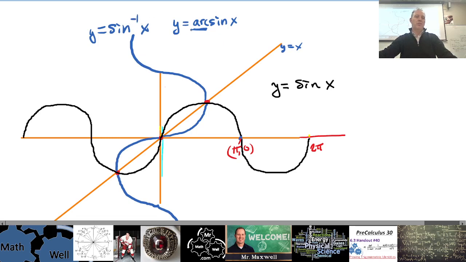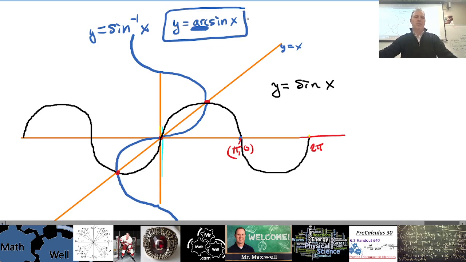And maybe you've seen this before on a calculator or in a textbook, arcsine. So arcsine, arccos, arctan, that is inverse. That's how you denote inverse for a trig function. So I'll use this one most of the time, arcsine or arccos.